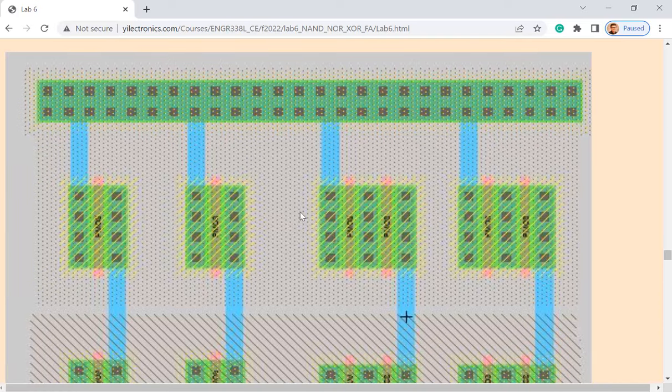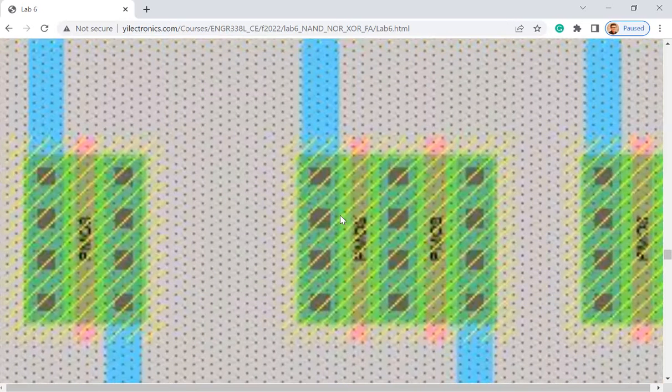No, which means you have dots, which means it's gonna dope the N plus material in there, right? It's gonna be N plus material. But if you zoom in, hopefully you can see it. So the slashes, these are P plus. These are PMOSs, right? So the slashes are P plus.